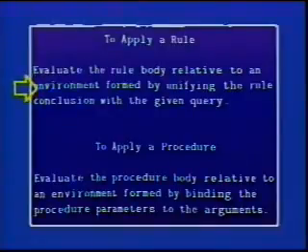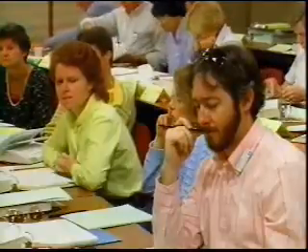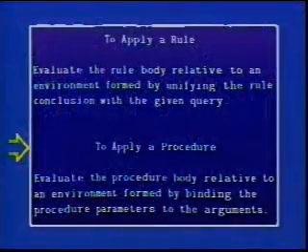That's what we've been calling frames or environments. What does it mean to do some processing relevant to an environment? That's what we've been calling evaluation. So we can say the way that you apply a rule is to evaluate the rule body relative to an environment that's formed by unifying the rule conclusion with the given query. And the thing I want you to notice is the complete formal similarity to the metacircular evaluator or the substitution model.